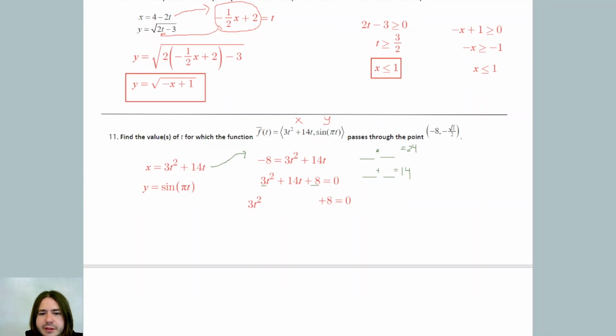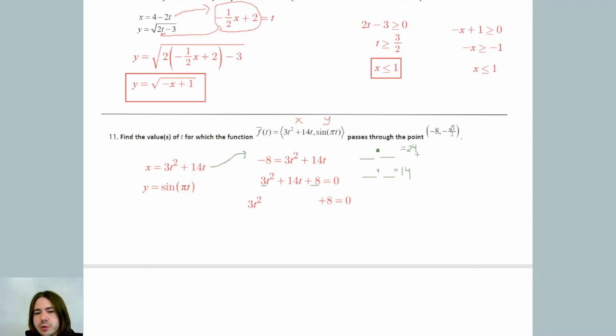When you try to think about this, I think the easiest way to approach it is to start with the factors, meaning the two numbers that do the multiplication, because there's going to be a lot fewer combinations that you have to think about in terms of finding two numbers that multiply to give you 24 versus finding two numbers that add up to 14 if you're just working with positive integers here.